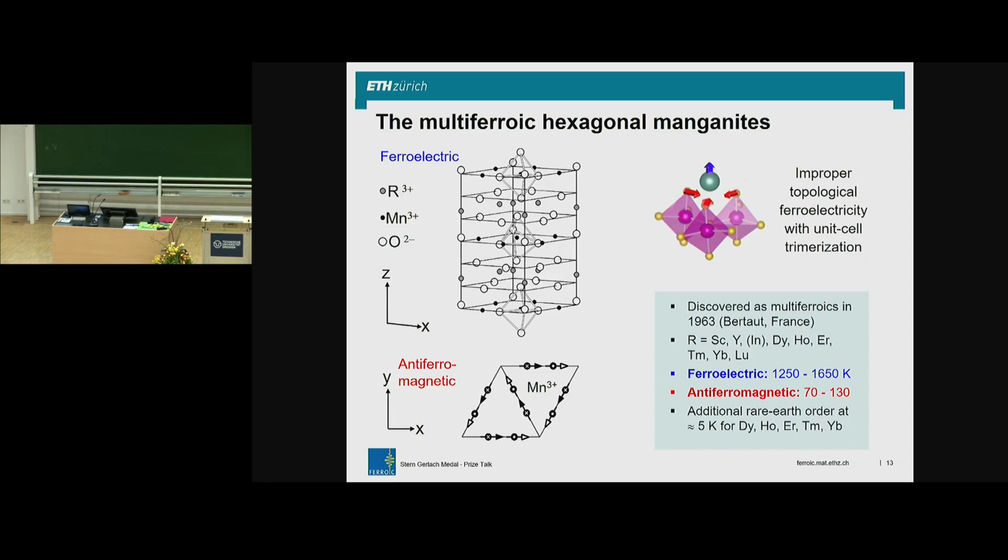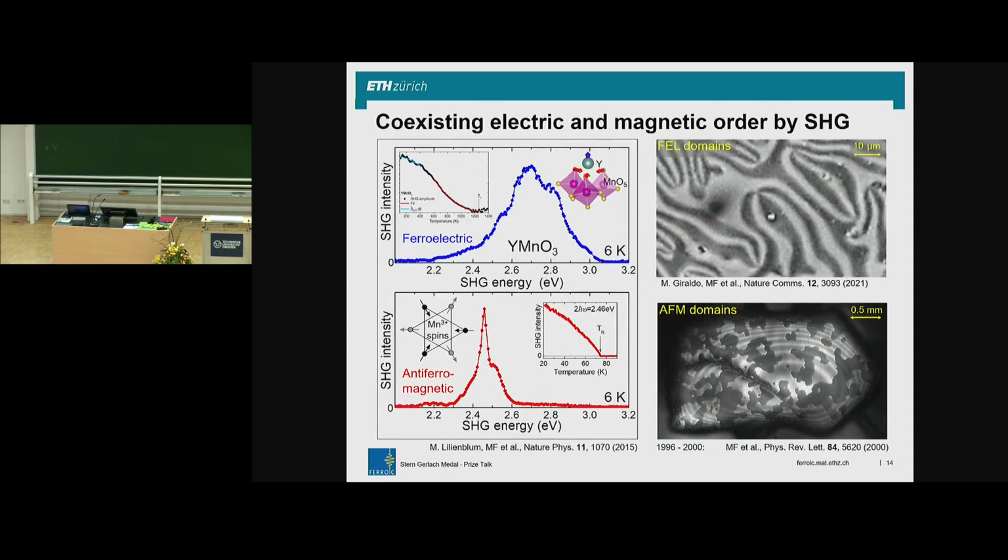So you have magnetic and electric order coexisting, and indeed, you can record the ferroelectric second harmonic signal, you can record the antiferromagnetic second harmonic signal, depending on how you choose the polarization of your in and outgoing light waves and the photon energy. And then you can take pictures, ferroelectric domain structure, antiferromagnetic domain structure, side by side. So that's pretty powerful, especially if you consider techniques for imaging antiferromagnetic domains. There are not so many.